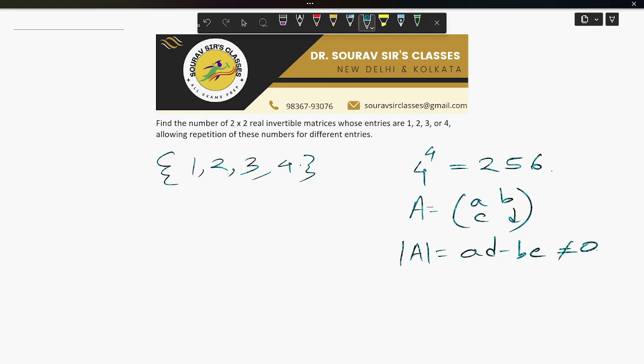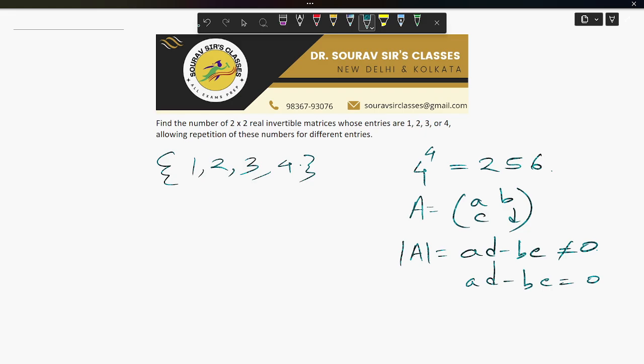So for A to be invertible, we require this. Now, counting the singular matrices: a matrix is singular if AD minus BC is equal to 0, then the determinant of A will be 0, so the matrix will be singular. So we count the number of singular matrices separately.